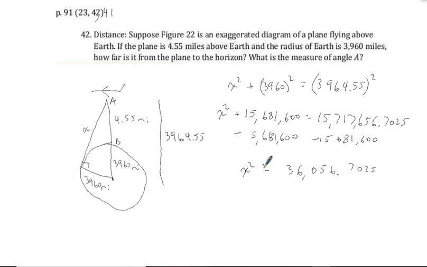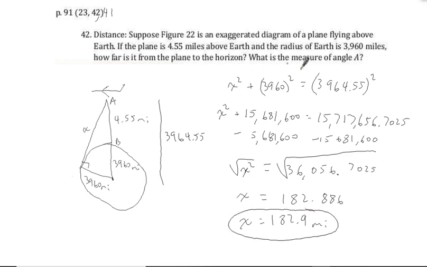Okay. Take the square root of both sides to find the length x, that distance we were looking for, and that's going to be approximately 182.886. They did not talk about how they want it rounded. We'll say x is 182.9 miles.